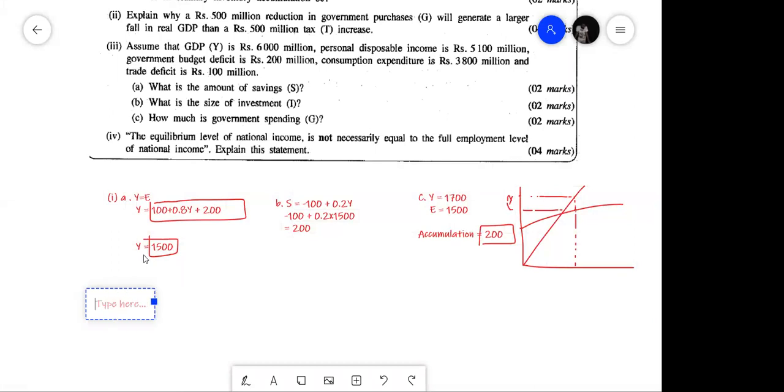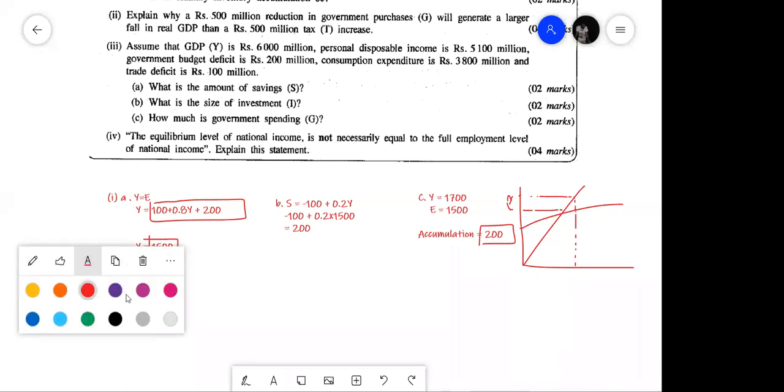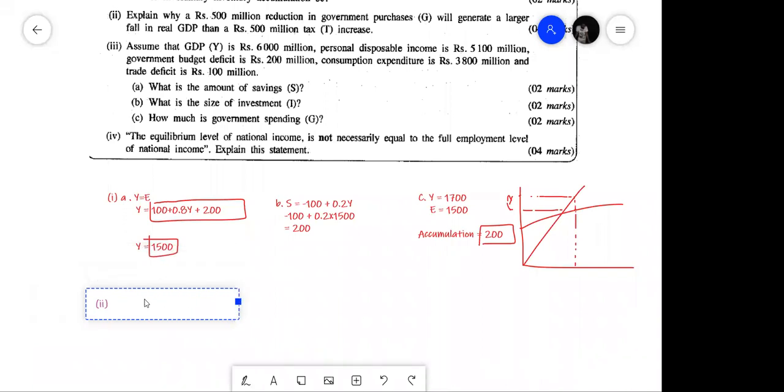Okay. So what happens over here, guys? I'll explain it in a little bit of simple terms, right? So they're saying a 500 million reduction in government purchase. So you know, right? Your Y is equal to E. So Y is equal to C plus I plus G plus net export.